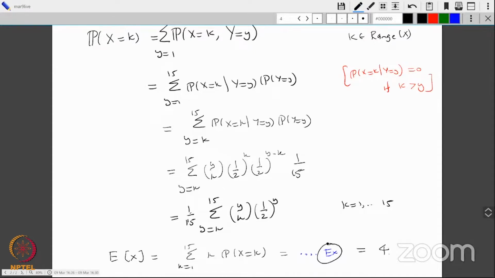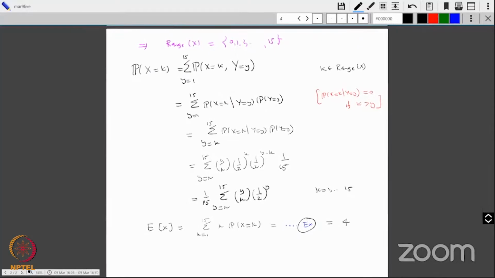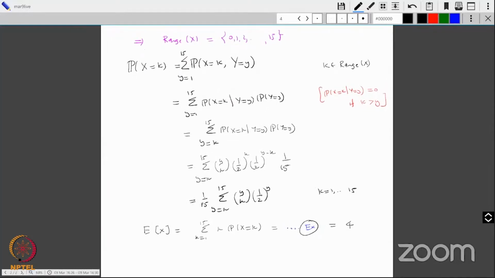Well, is the idea clear for the two methods? So how to do this problem? On chat, can someone tell me? Anyone on chat on the Zoom?